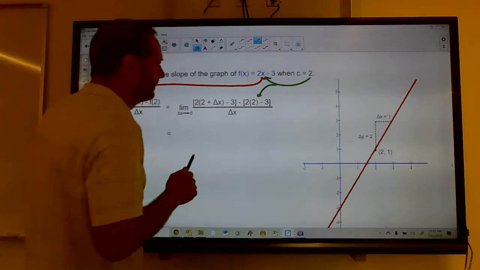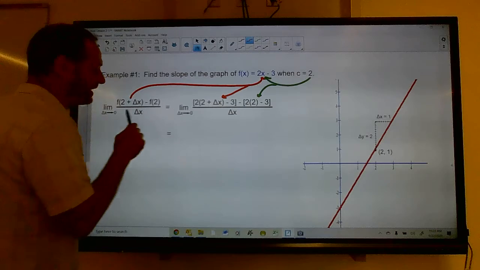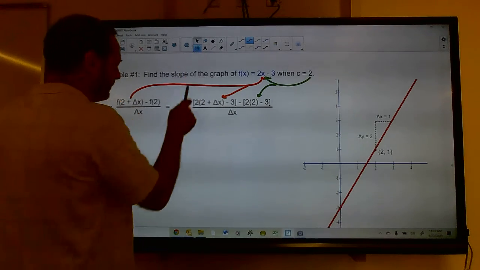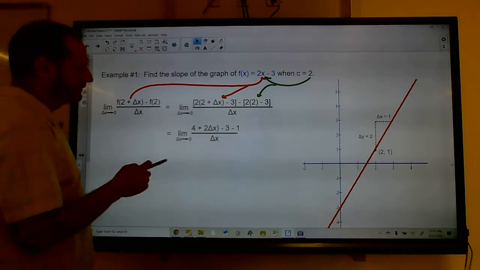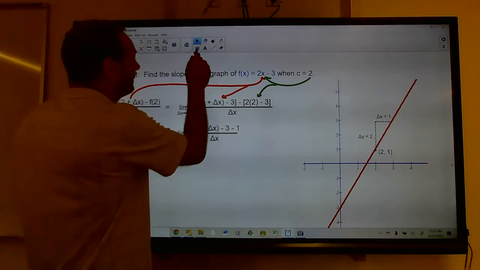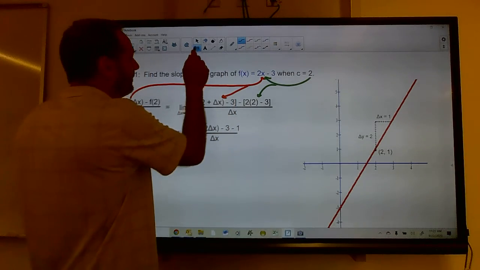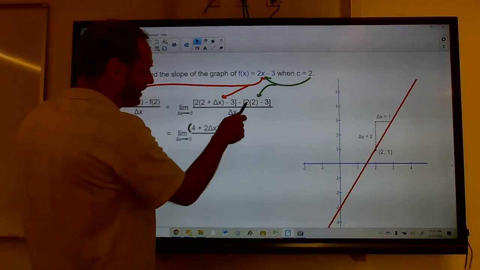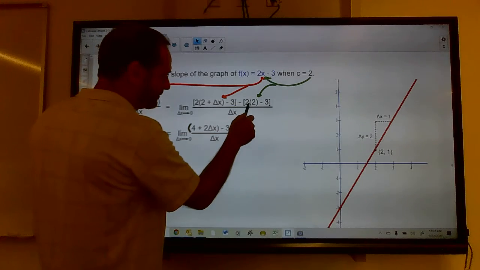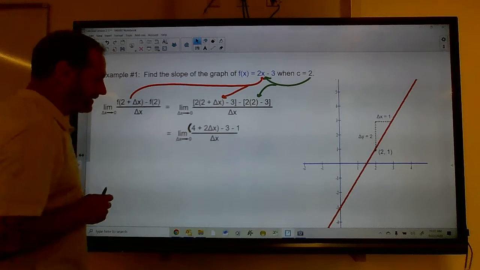That goes right there, divided by delta x. If I distribute this in here, I get 4 plus 2 delta x. Should probably have another parentheses on this. And then over here, I get negative 3 minus whatever this is. Well, that's 4 minus 3, which is 1, divided by delta x.